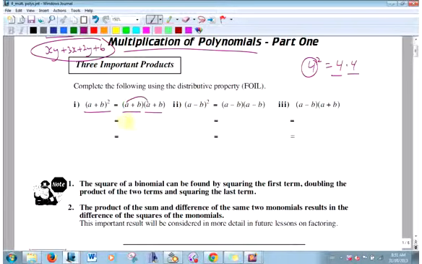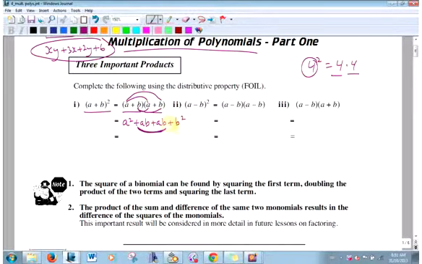FOIL it. A times a, a squared. Outside, a times b, ab. Inside, b times a. Is that the same as a times b? Yeah. So let's write it like that because I already have an a times b. Last, b times b is b squared. Can I collect a couple of things?